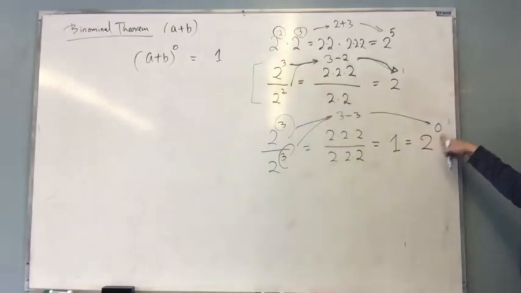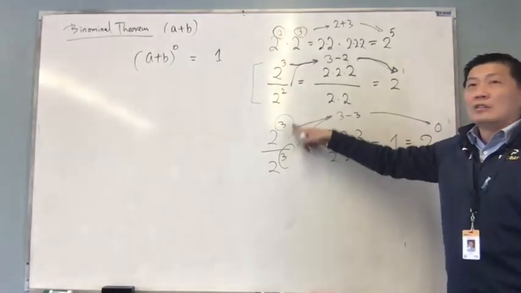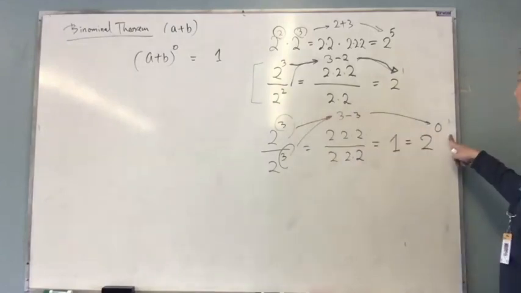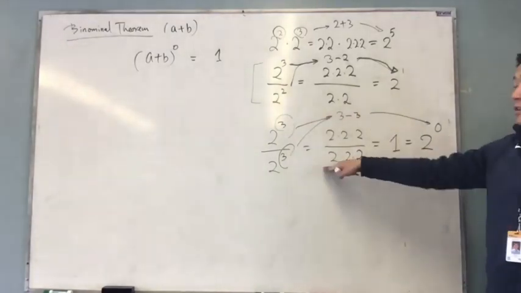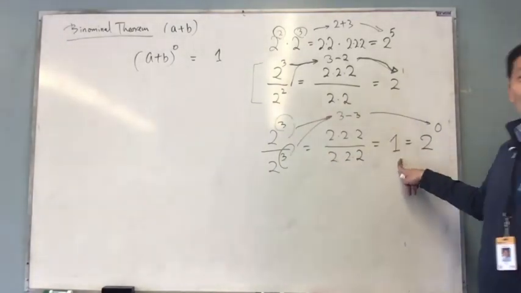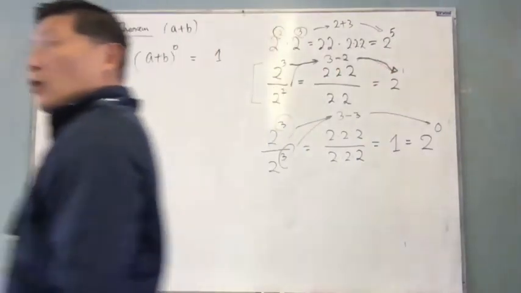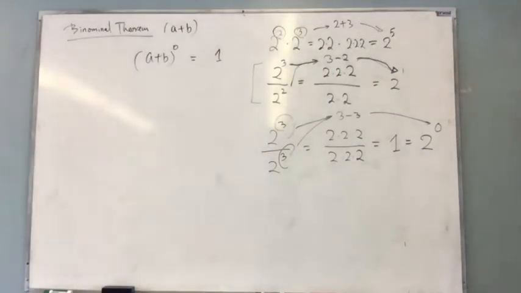So you end up with 2 to the 0 power because you are subtracting the exponent. But we do know that based on this, you agree that it's equal to 1, right? And so anything to the 0 power means that it's already dividing it by itself.